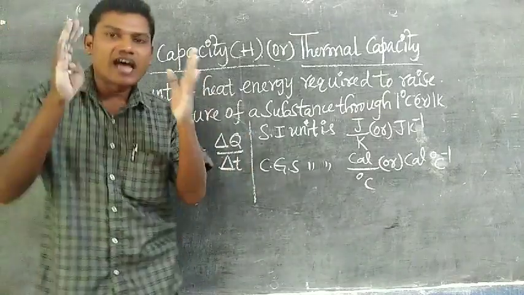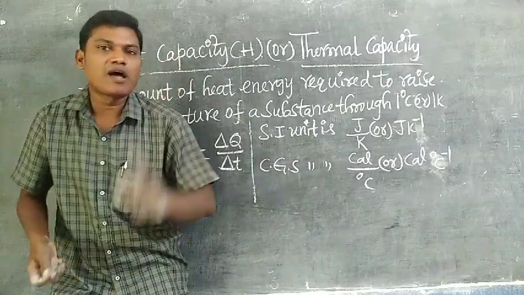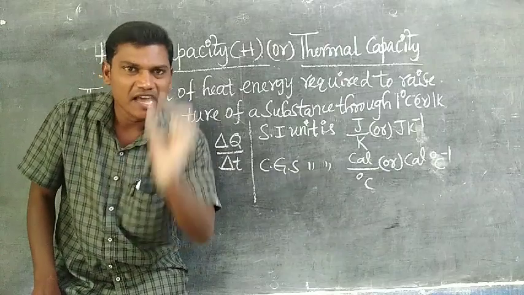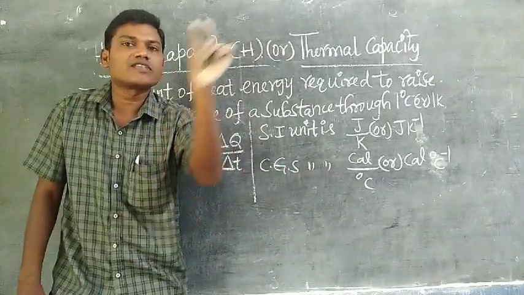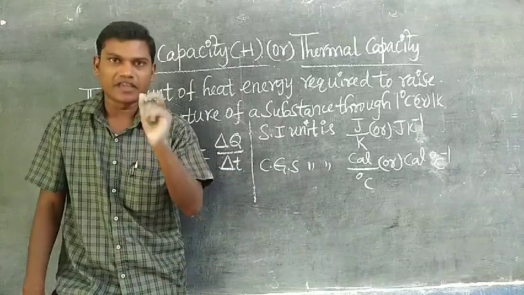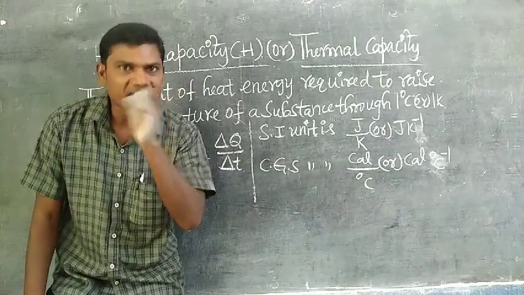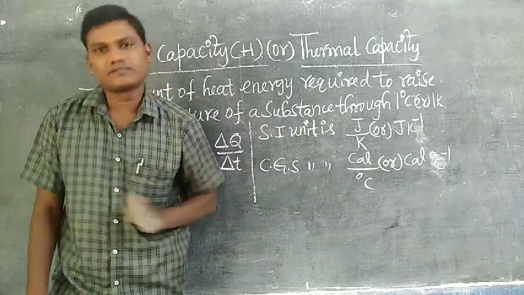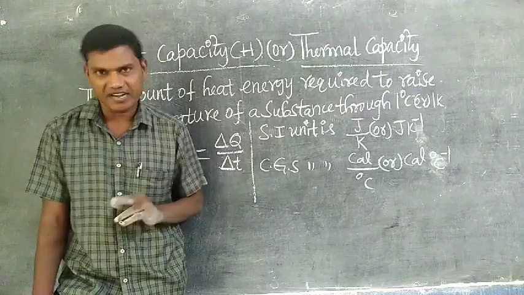That's why heat capacity or thermal capacity depends upon two factors. One is the nature of the substance and the second is the mass of the substance also. What is the reason? If we take the same quantity of different substances, the nature is different.